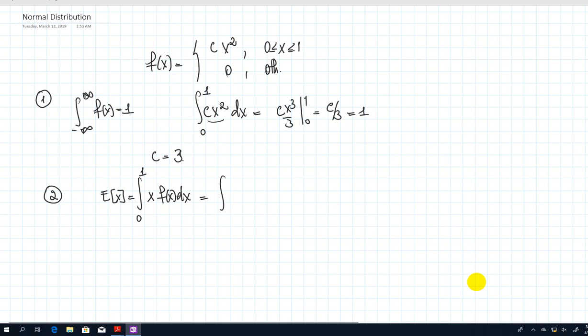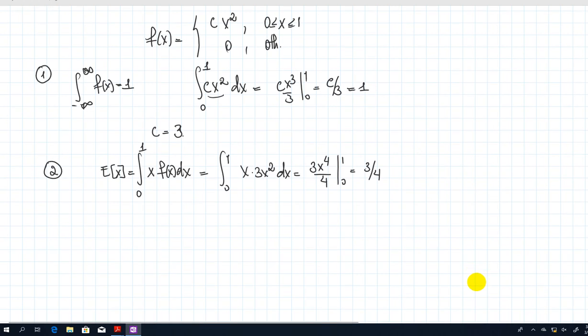So this is the integral from 0 to 1 of x multiplied by 3x squared dx, which is 3x cubed. The antiderivative is 3x to the fourth over 4 from 0 to 1. If you put in 1, you get 3 over 4. So the expected value is 3 over 4.